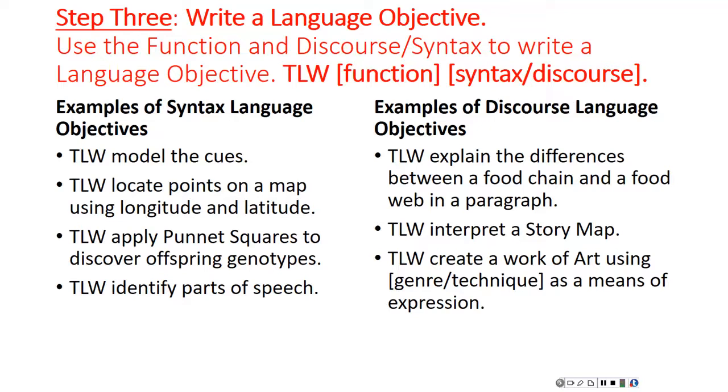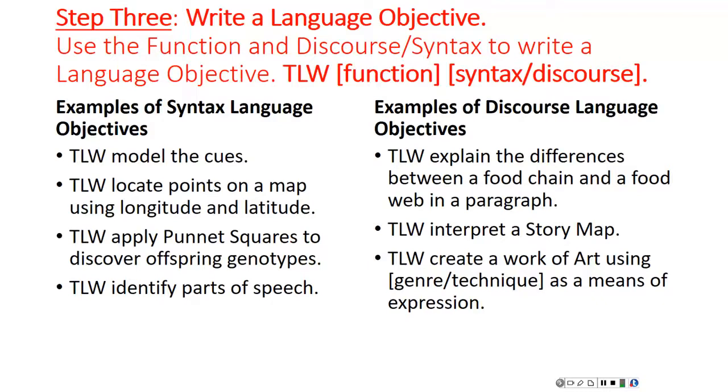All right. Write your language objective. To write a language objective, all you're going to do is say the learner will, put in your function, then put in your syntax or discourse. The learner will model the cues. The learner will locate points on a map using longitude and latitude. I don't really like that one. The learner will apply Punnett squares to discover offspring genotypes.